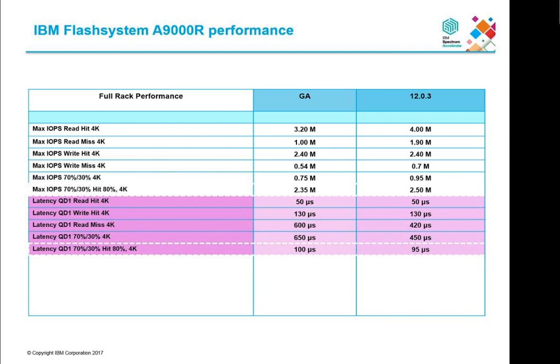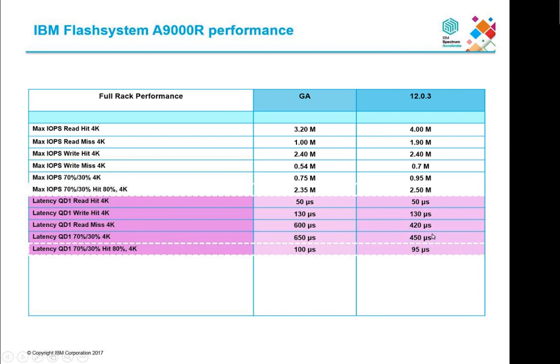So if you've got a customer that wants a 4-grid element, you can do the math and divide this to the appropriate amount to get your ideas for what the performance is going to be for a 4-grid element or 2-grid element. Again, better is to model the workload in Disk Magic and then work it against a specific config in Disk Magic to get a better answer. But at least this can give you a thumb in the wind answer.